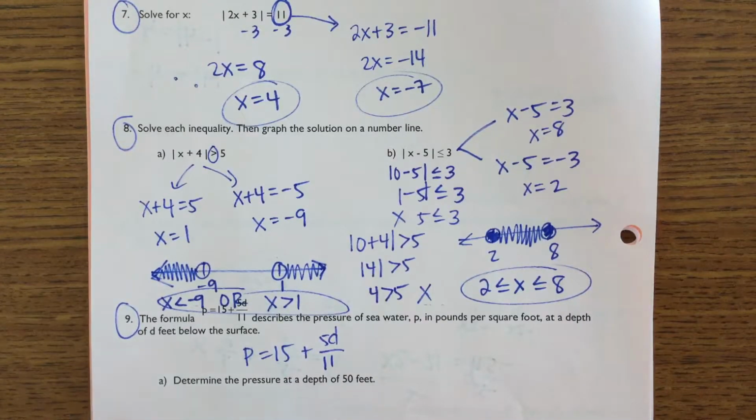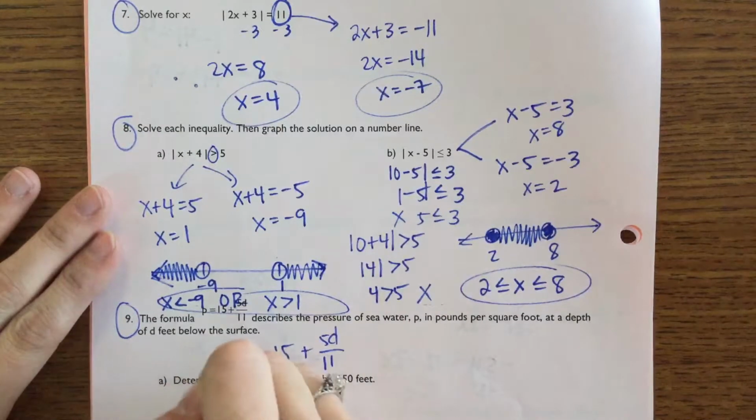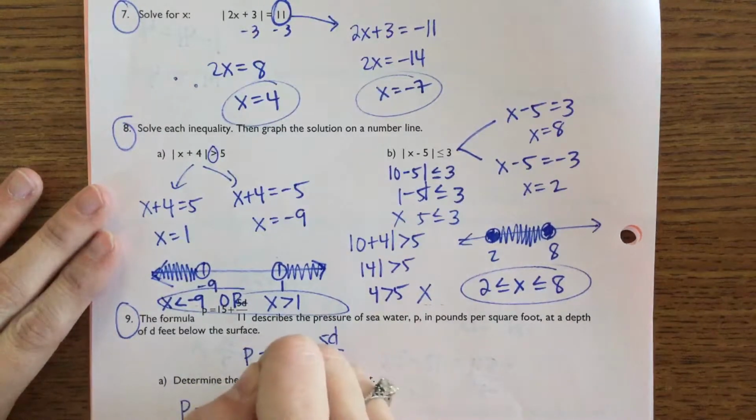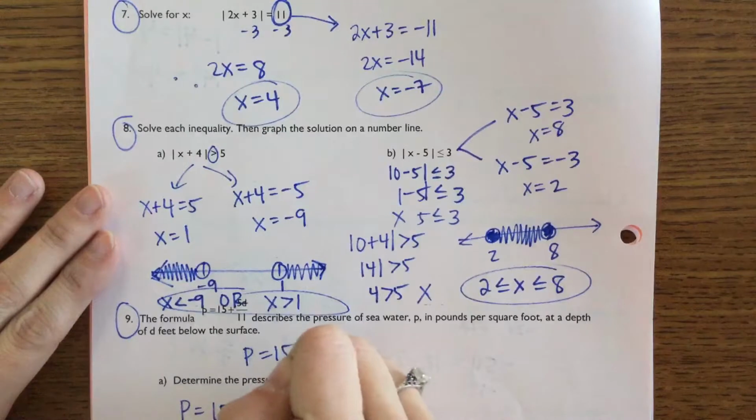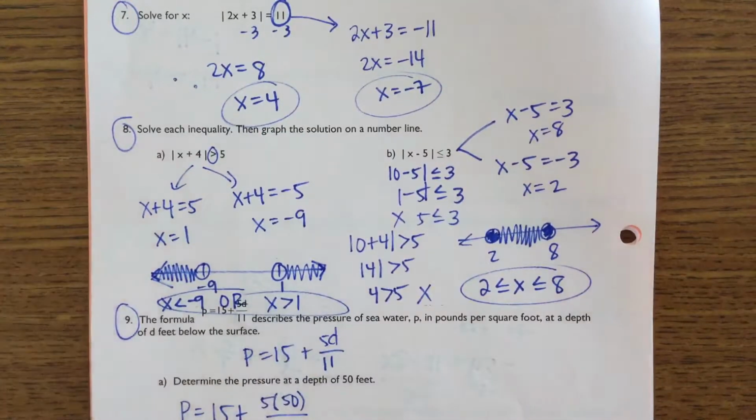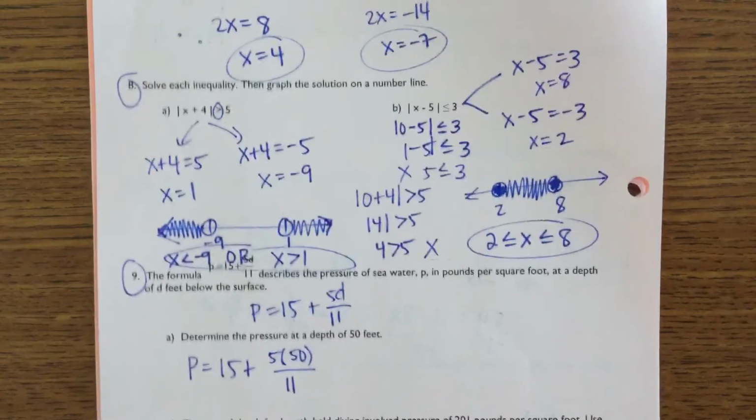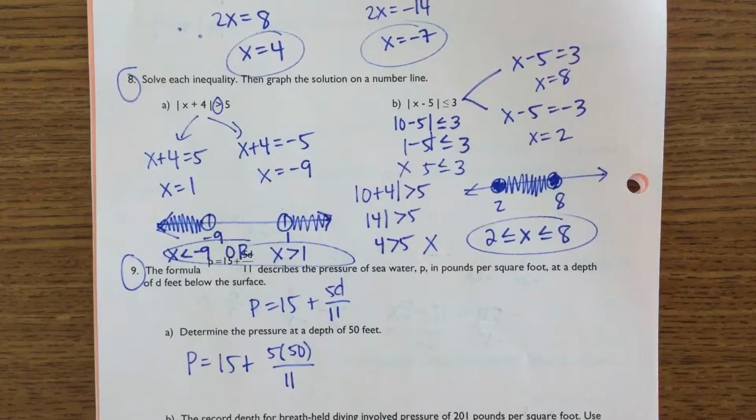Pressure P. So we get P equals 15 plus 5 times 50 over 11. You can put all of this in your calculator at once. If I were you, I would take out a calculator to make sure you get the right answer. I'm going to give you a minute. Plug this in your calculator and see what you get.